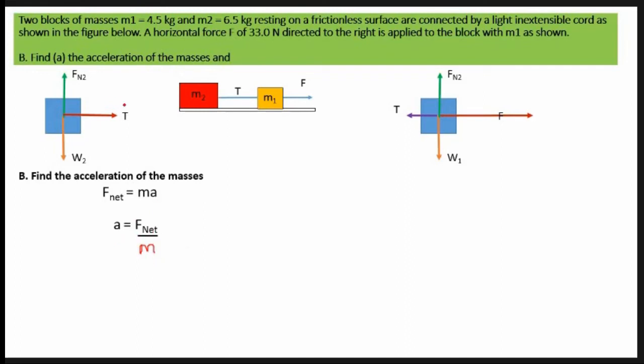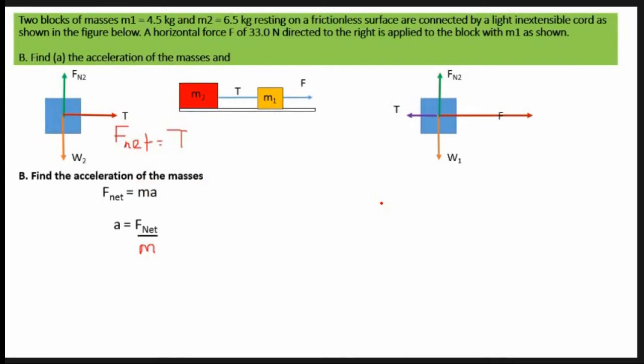Now, in the horizontal direction, the net force, or the F net, is equal to the tension force, because there are no other forces acting on this side. But we don't know yet the value of the tension force, so we cannot use this.